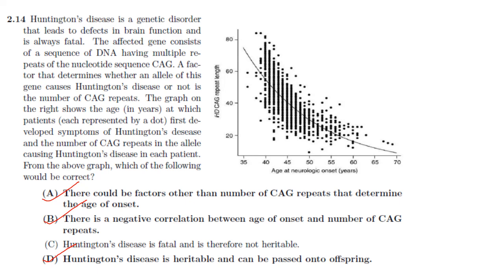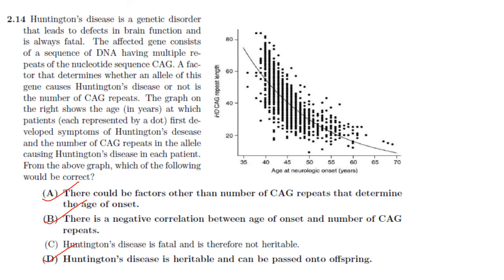A factor that determines whether an allele of this gene causes Huntington's disease or not is the number of CAG repeats. The graph on the right shows an age in years at which the patient, each represented by a dot, first developed symptoms of Huntington's disease, and the number of CAG repeats in the allele causing Huntington disease in each patient.